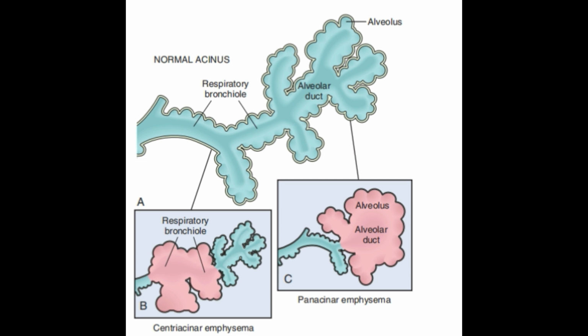Now, distal acinar emphysema or paraseptal emphysema. In this form, the proximal portion of the acinus is normal, but the distal part is primarily involved. The emphysema is more striking adjacent to the pleura along the lobular connective tissue septa.